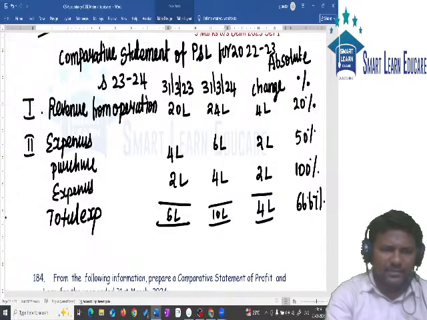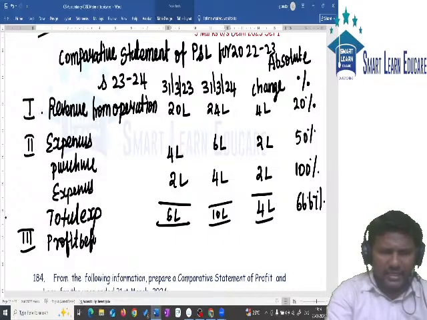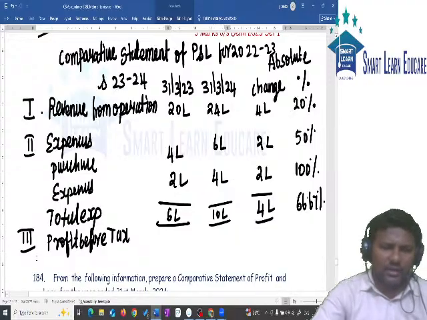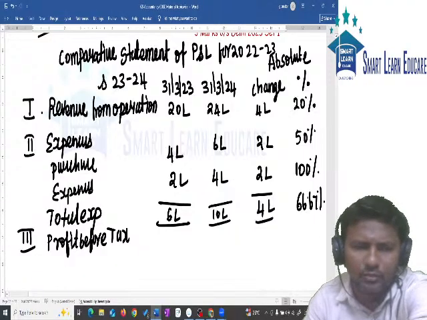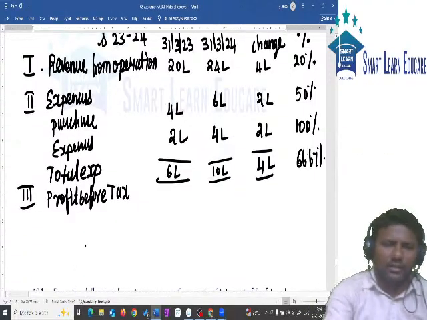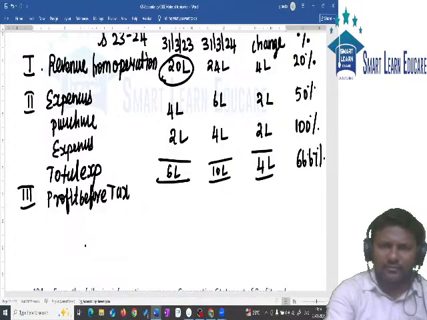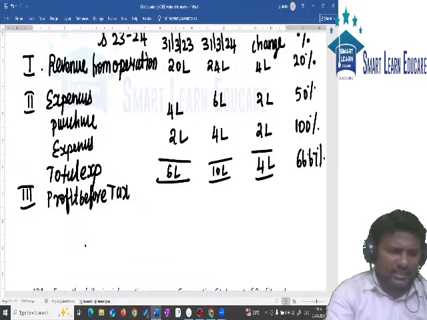First part is expense, second part is income. Part 3 is profit before tax. How to find out profit before tax? Income is 20 lakh, expense is 6 lakh, so profit is 14 lakh.